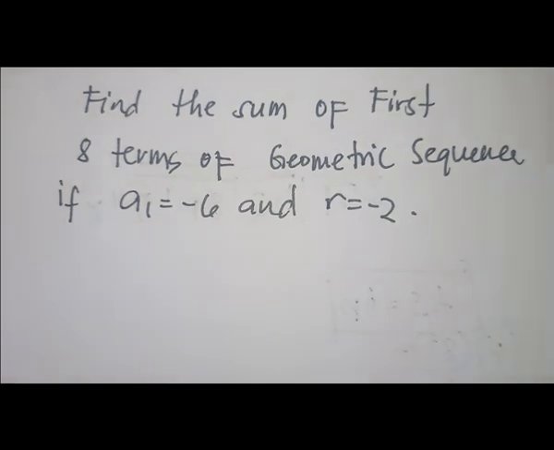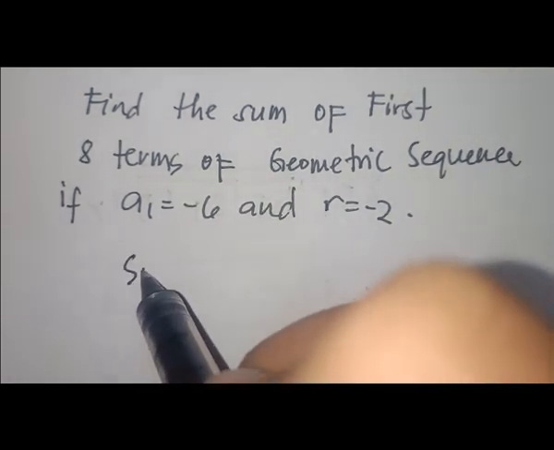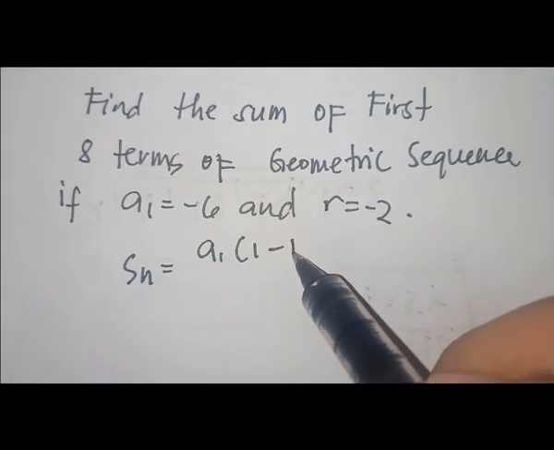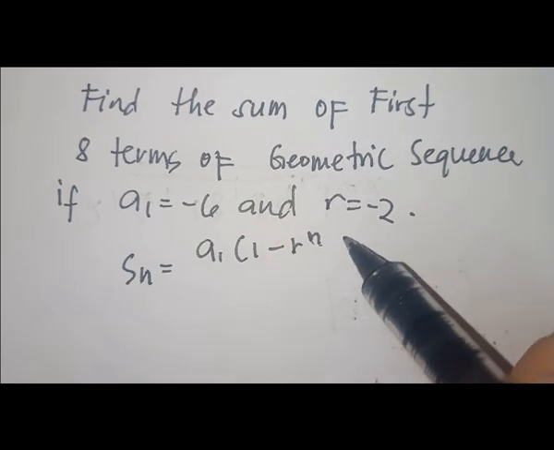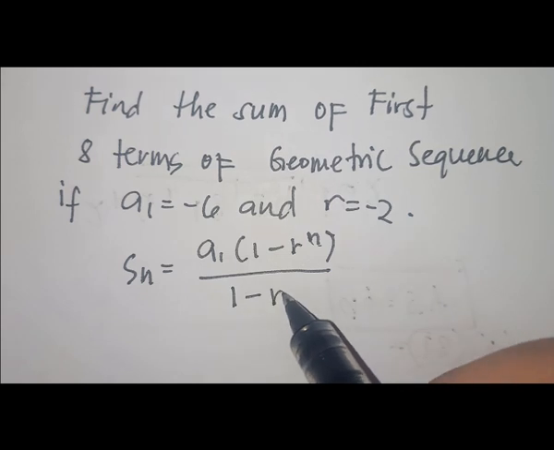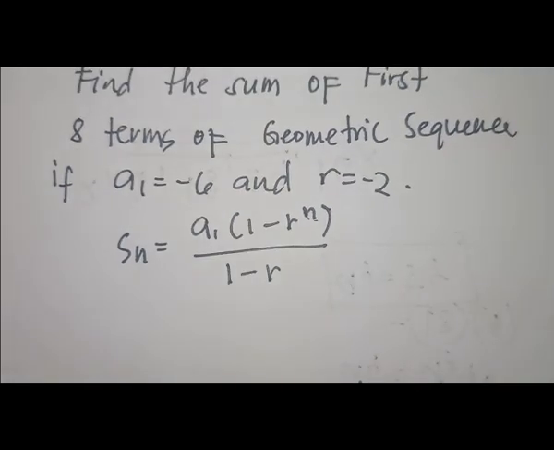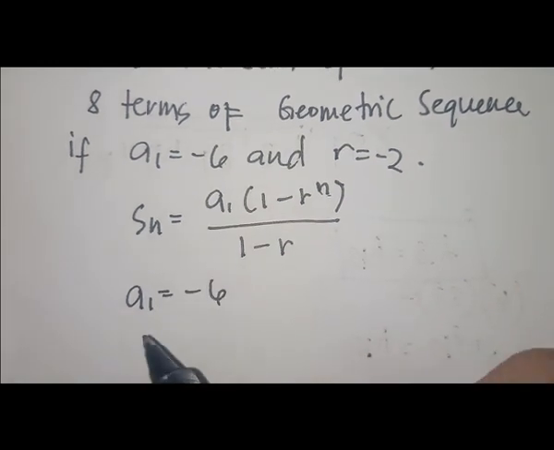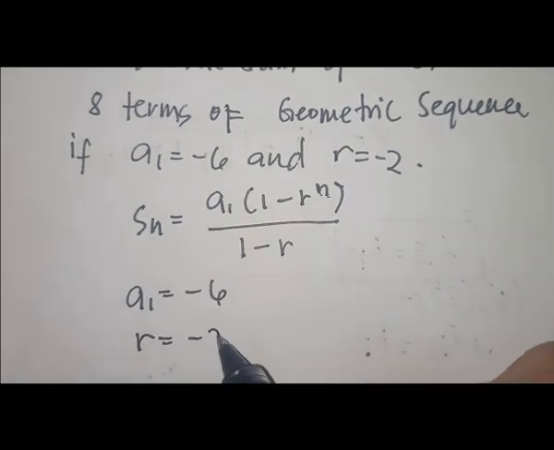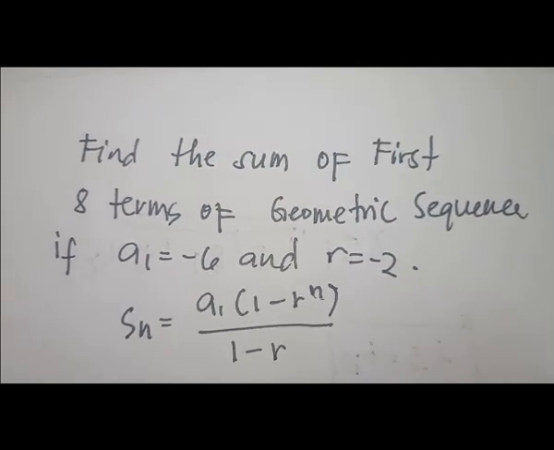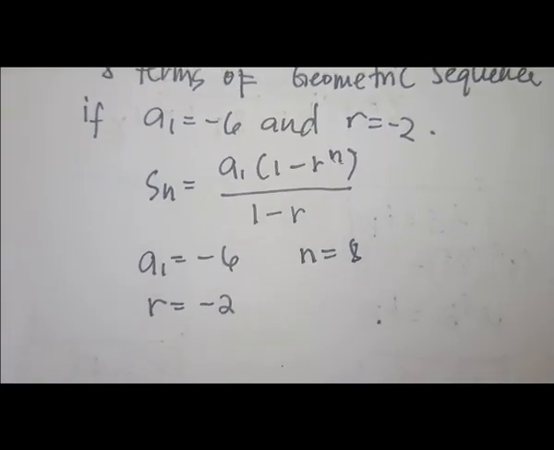Let us use the formula again: S sub n is equal to a sub 1 times 1 minus r raised to n over 1 minus r. From the given, our first term is negative 6, the common ratio is negative 2, and n is equal to 8.